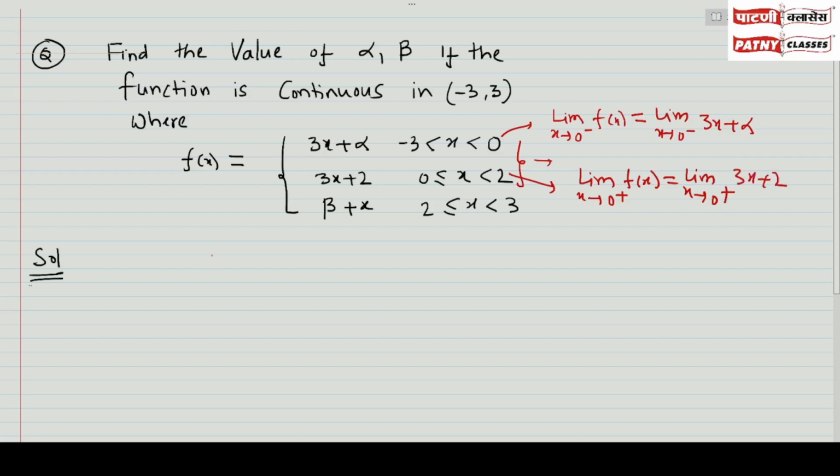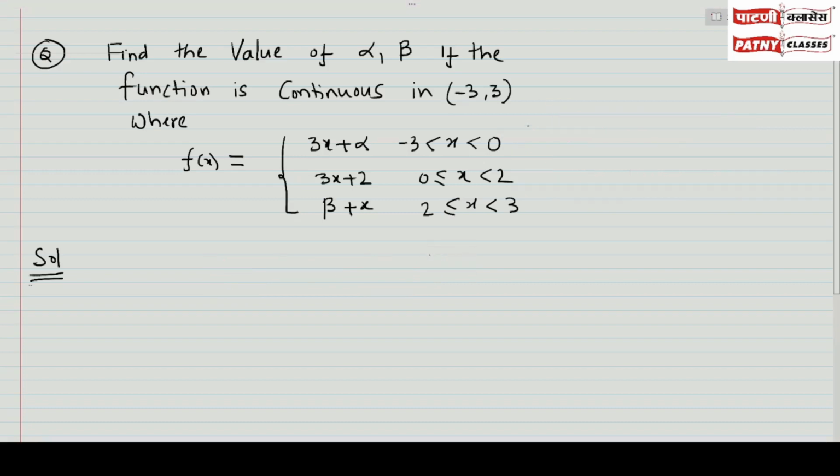The function is already continuous at x equals 0. Therefore, to find alpha value, I am going to use the relation limit x tending to 0 minus f of x equals limit x tending to 0 plus f of x.